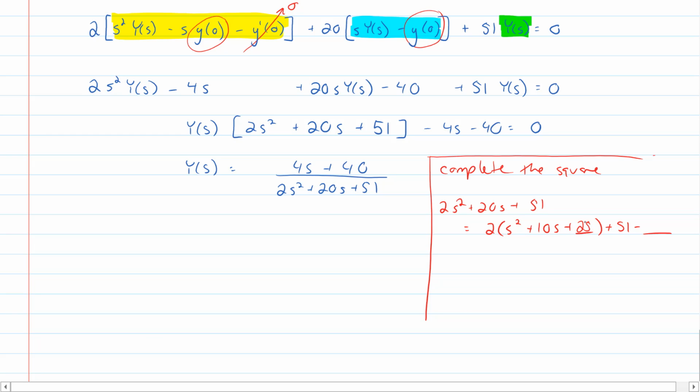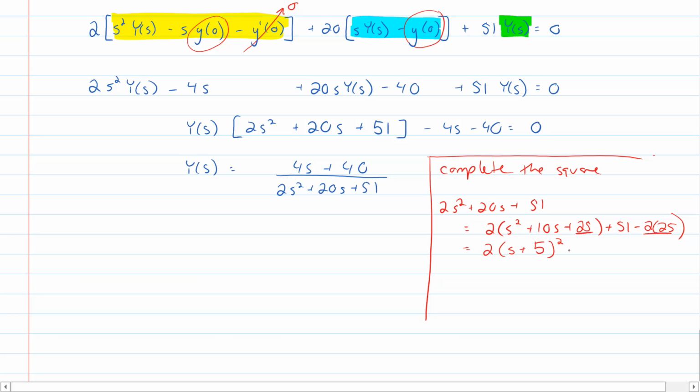But what we've actually added is 2 times 25 because of the 2 outside the round brackets, so we subtract 2 times 25. That gives us 2 times (s + 5)², and make sure that your 5s are nice and exaggerated so you can tell the difference between them and your s's.